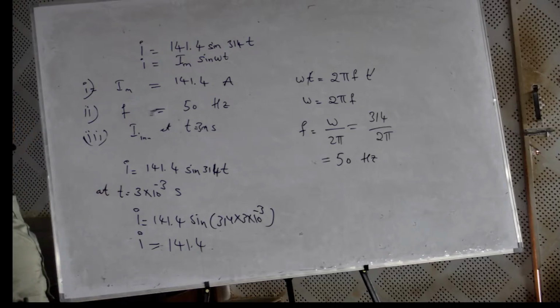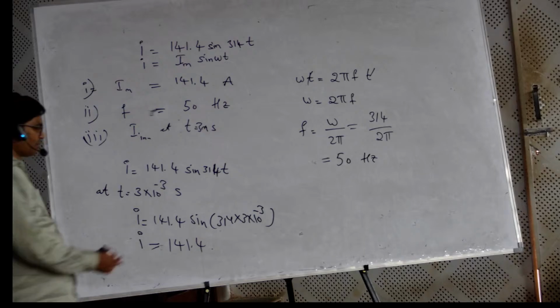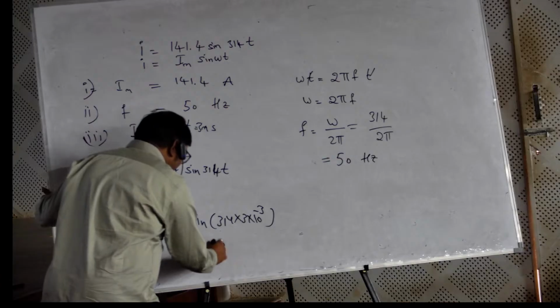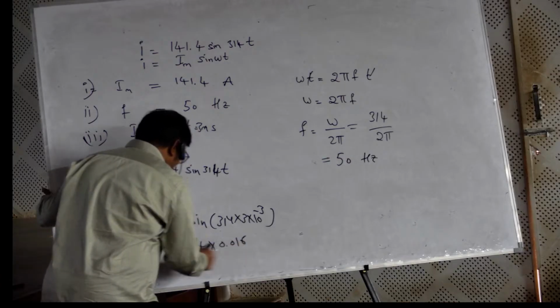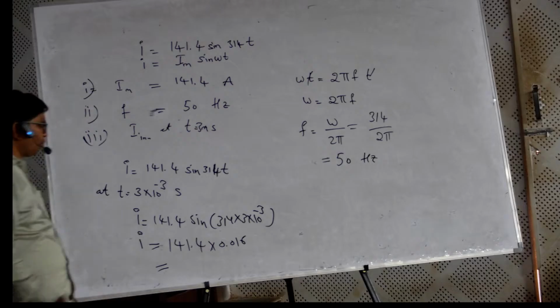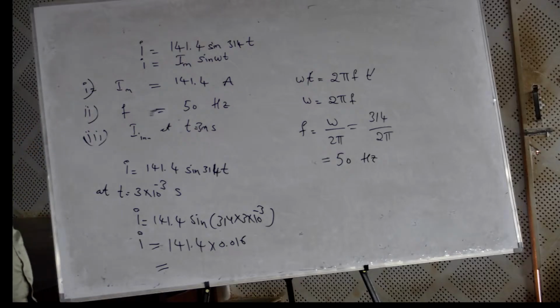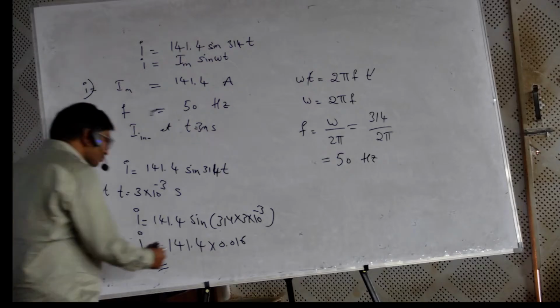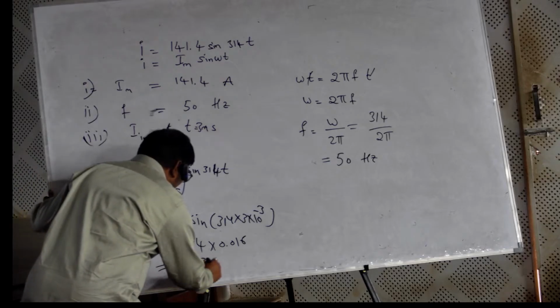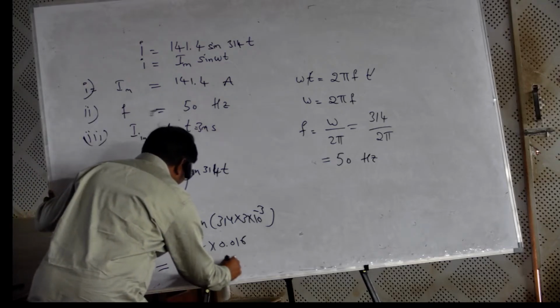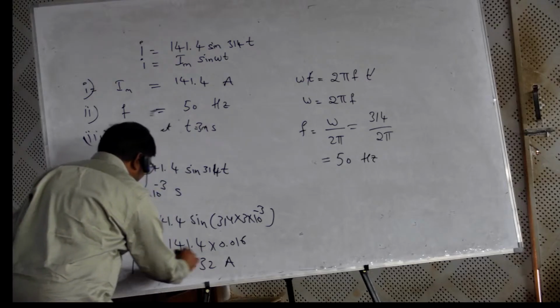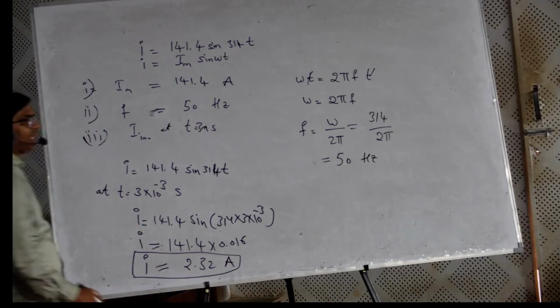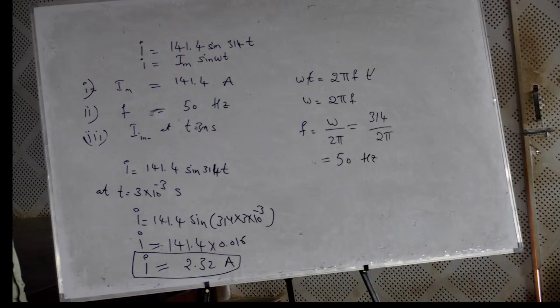Sine of that one, how much? 0.016. Multiply 141.4 into 0.016. 2.32 amps. It is an instantaneous value at time equal to 3 milliseconds. So at 3 milliseconds, we are getting the value of current as 2.32.